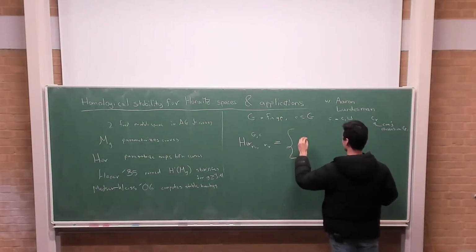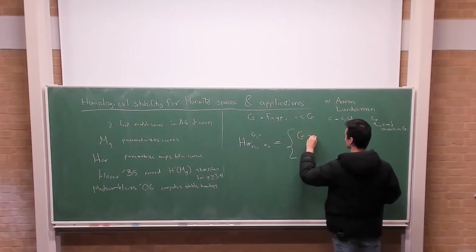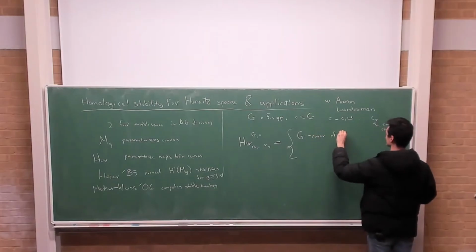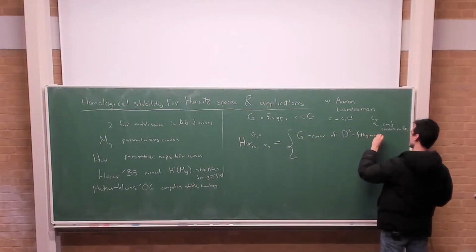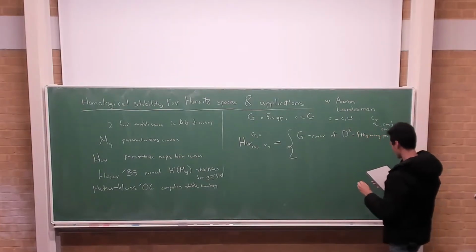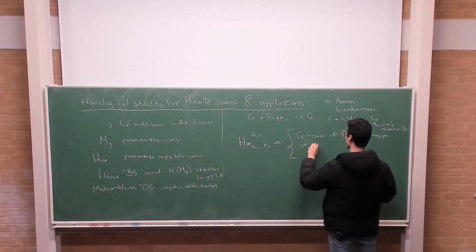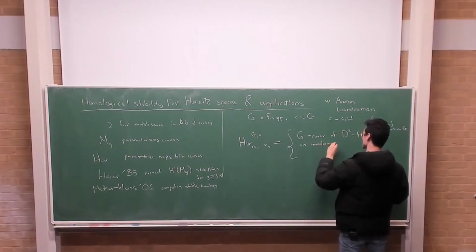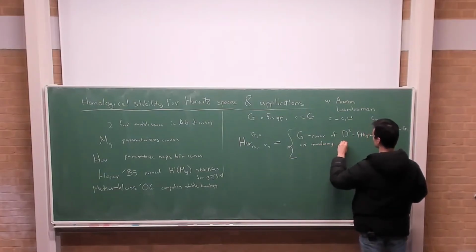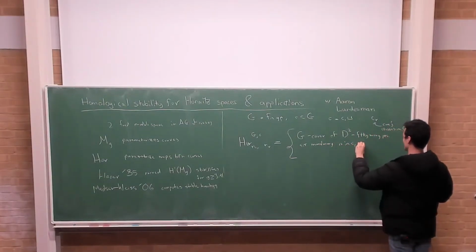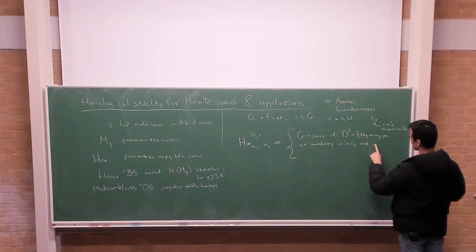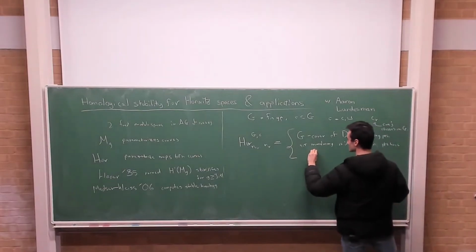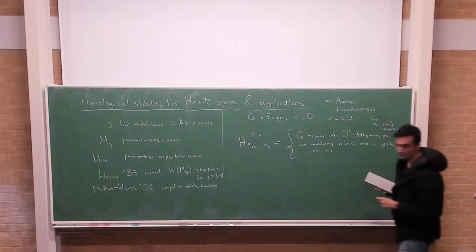Its points parameterize the following data. You have a G-cover of the disk minus finitely many points, such that the monodromy around each point is in C, and in fact n_i points have monodromy in C_i.